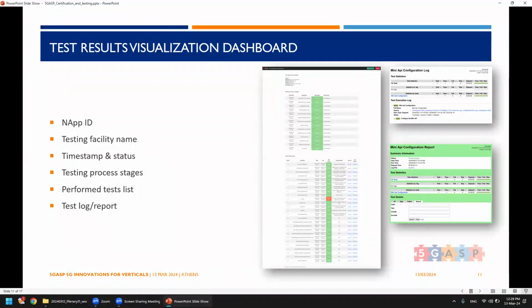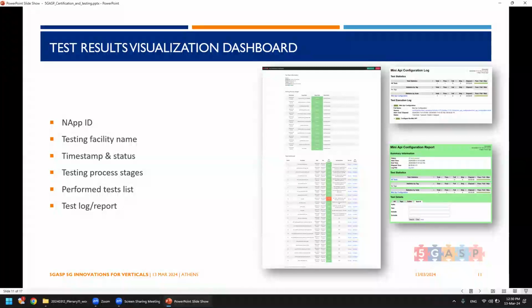It comprises the network application ID, which is unique for each specific application, the facility name, so we can verify that a specific application was tested towards a specific facility, timestamps and status of each test execution, and the testing process stages, because the test could fail even prior to the test execution itself, at stages such as the environment preparation.